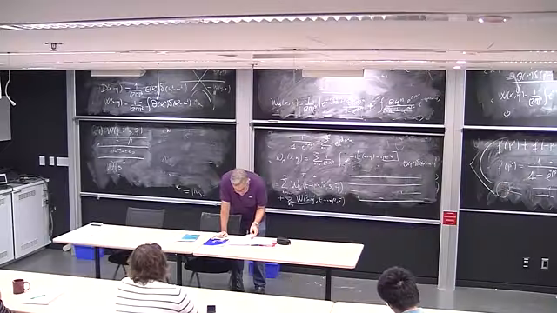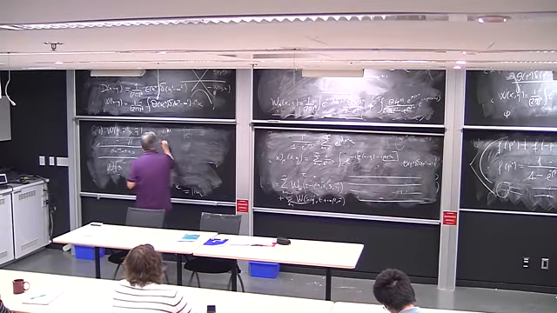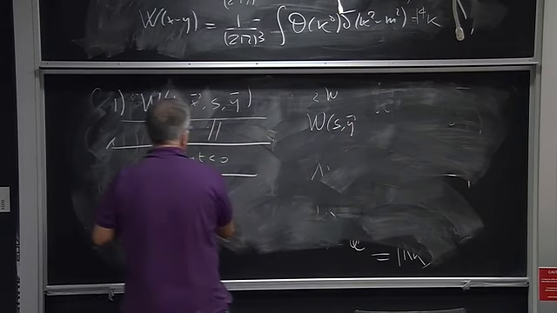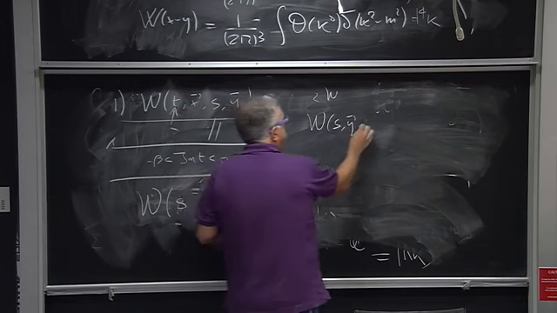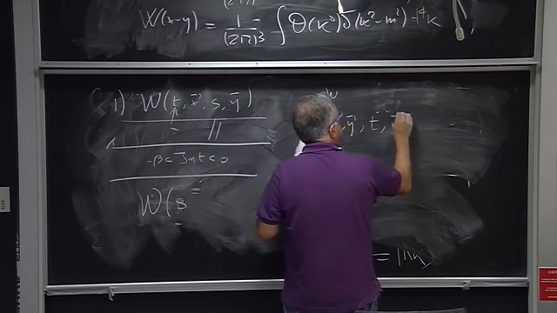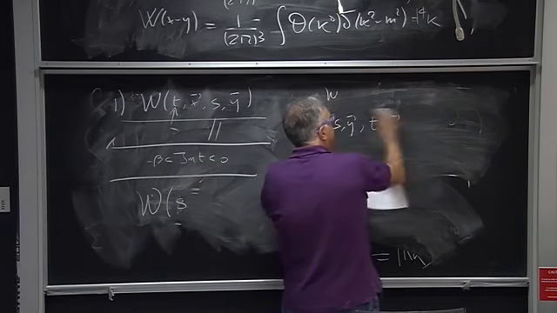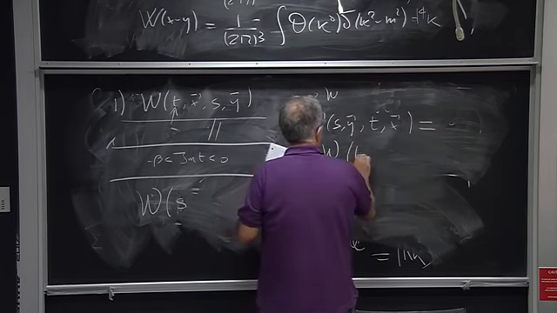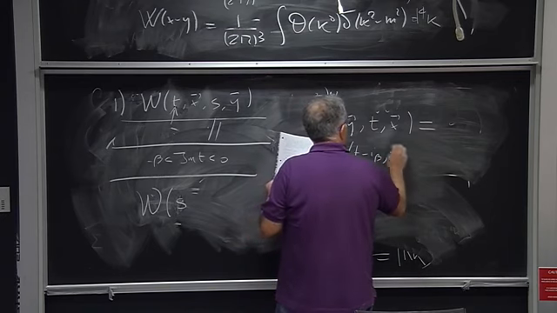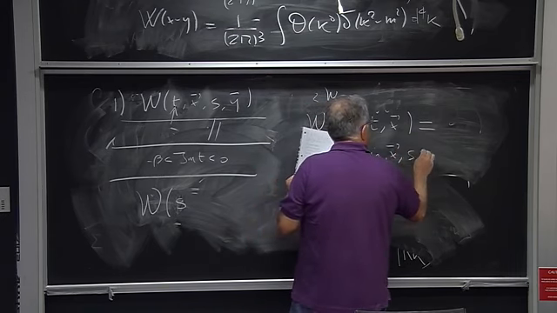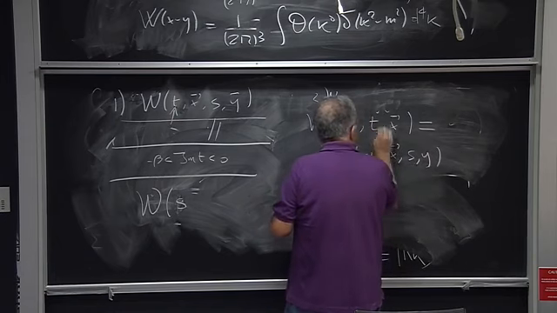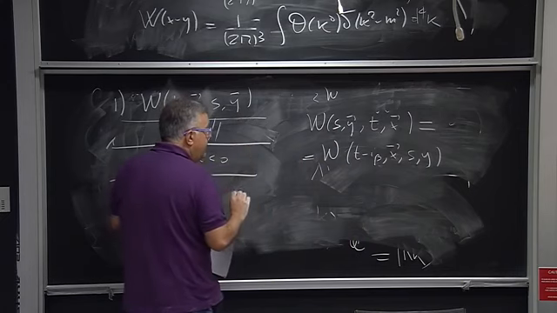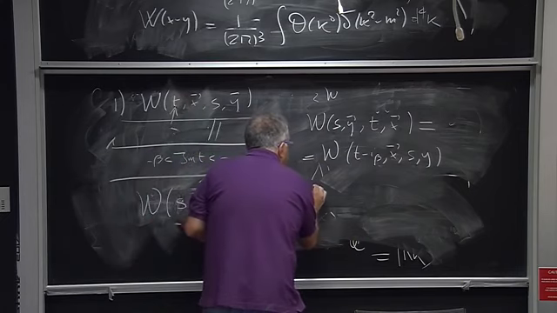The periodicity condition says that W of s, y, I'm writing, distinguishing the time and the space coordinate, t and x, so I'm looking at the permuted function, is equal to W of t minus i beta, x, s, and y.